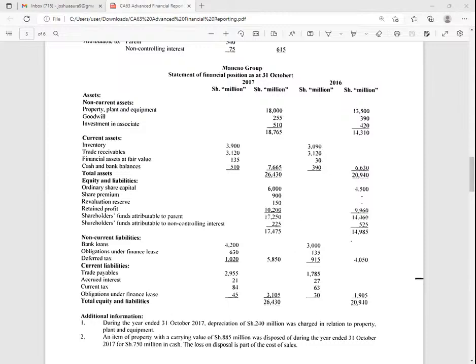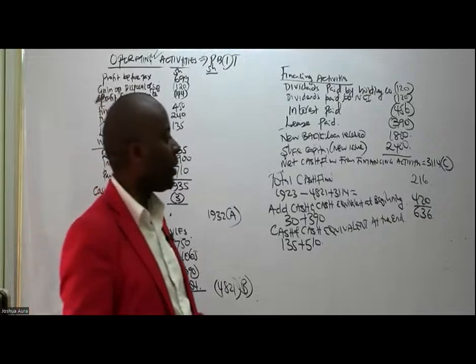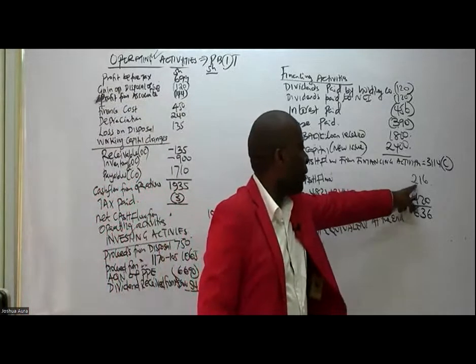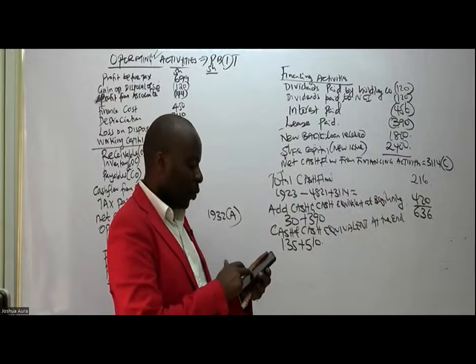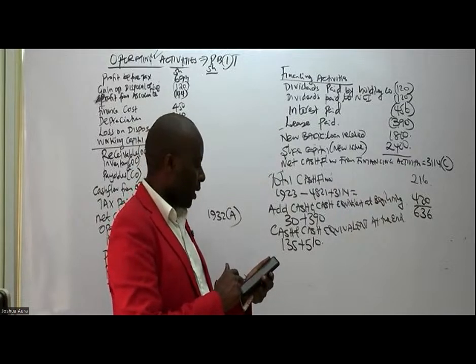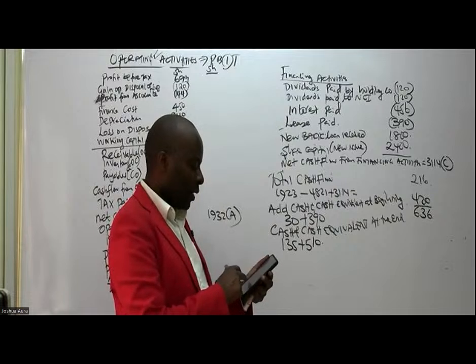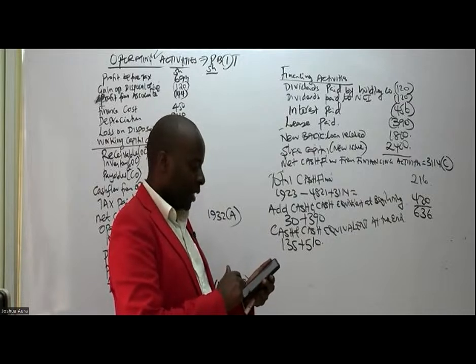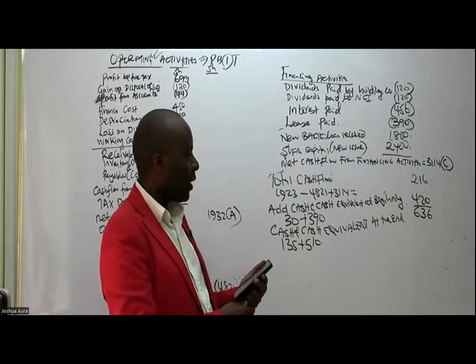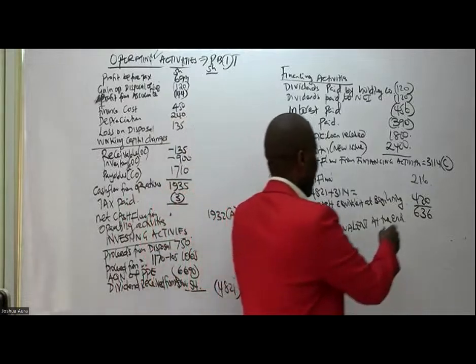Please try to confirm this 216 figure there, whether it is the correct figure. So we have here 135 plus 510, giving me 645, meaning that there is a problem somewhere.